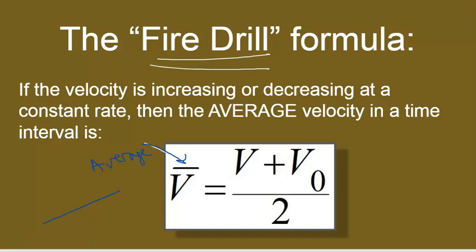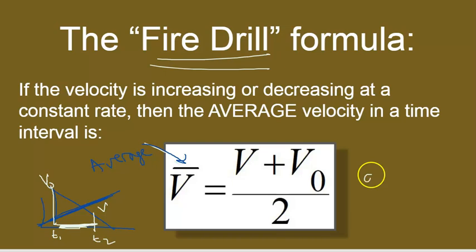If the velocity is linear, which we saw it was in the lab, if the velocity is increasing or decreasing at a uniform rate, then the average velocity in any time interval, so your speed, time has to pass in order for the speed to change, right? So the average velocity between T1 and T2 is the velocity at the beginning of that interval plus the velocity at the end of that interval, divided by 2.